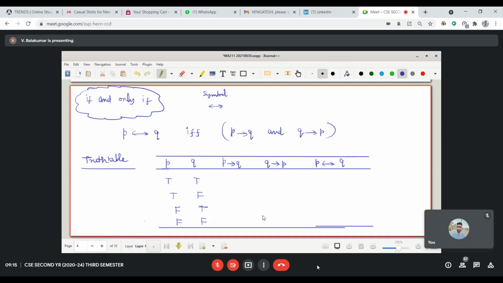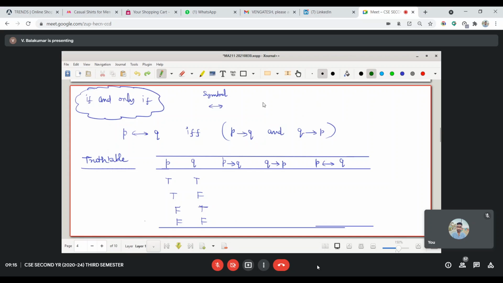Let us look at the fifth connective, if and only if. The symbol we are going to use is this double implication with a single line. It has two parts: this implication P implies Q, and that implication.